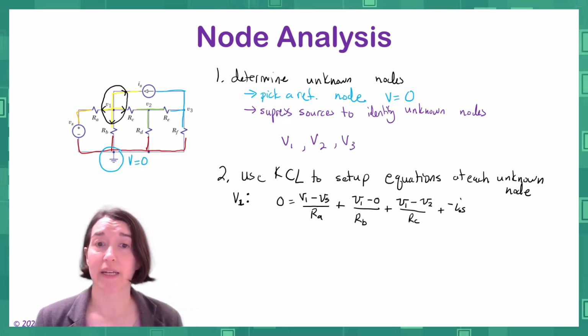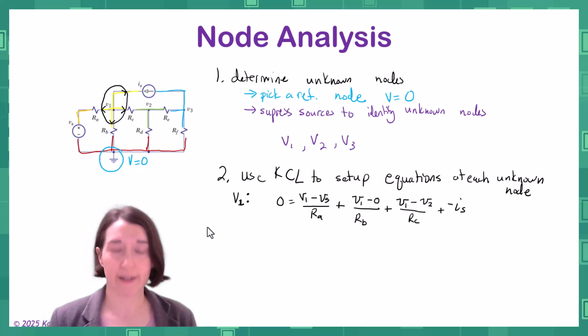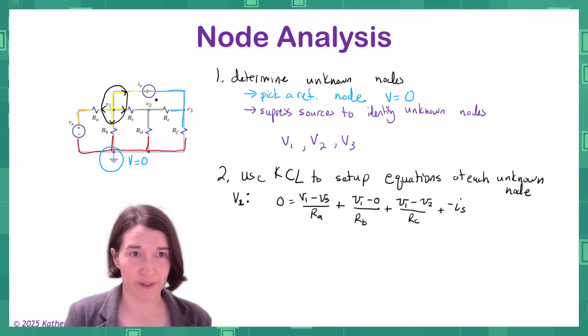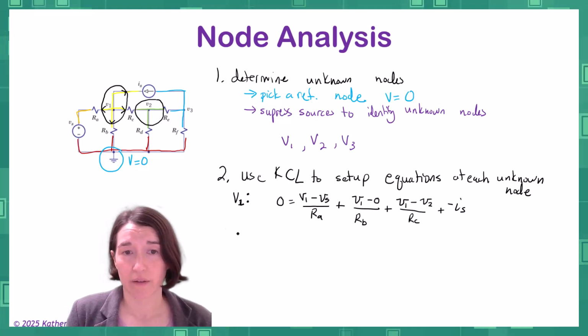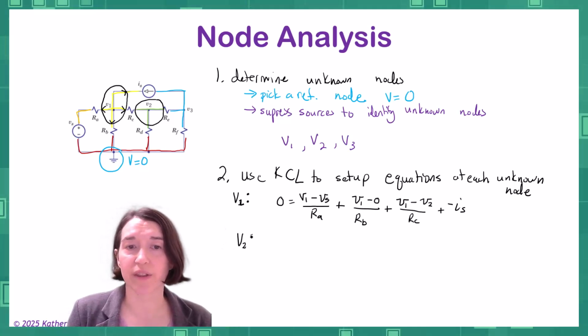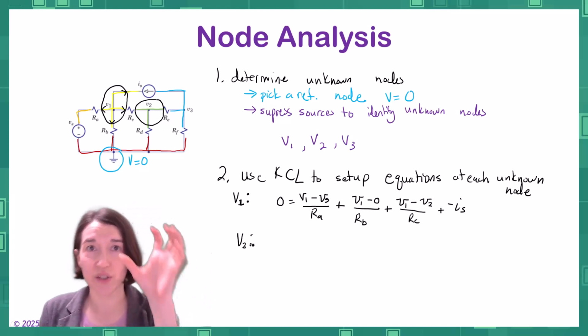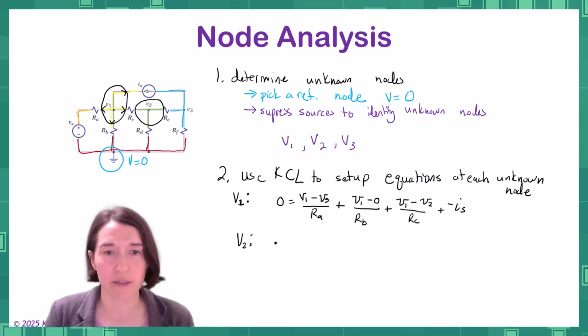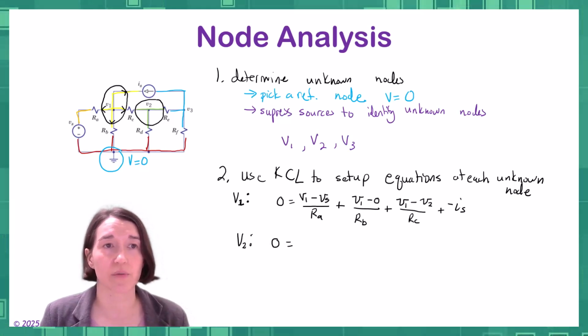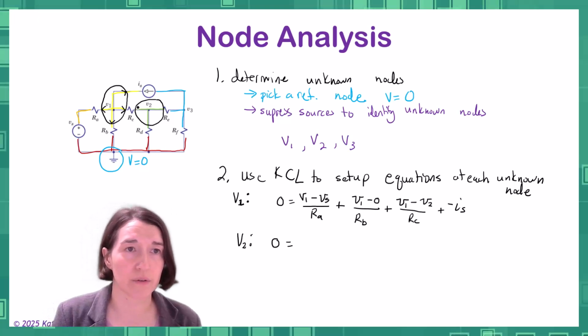Okay, and let's go to the next one real quick. This will be faster because it has fewer terms. So now we evaluate KCL, and pretty much ignore everything we already did in the other one. You can do each of these independently, which is why it's a nice way to break down the analysis. So here we have V2. We're going to have currents out of here, here, and here.